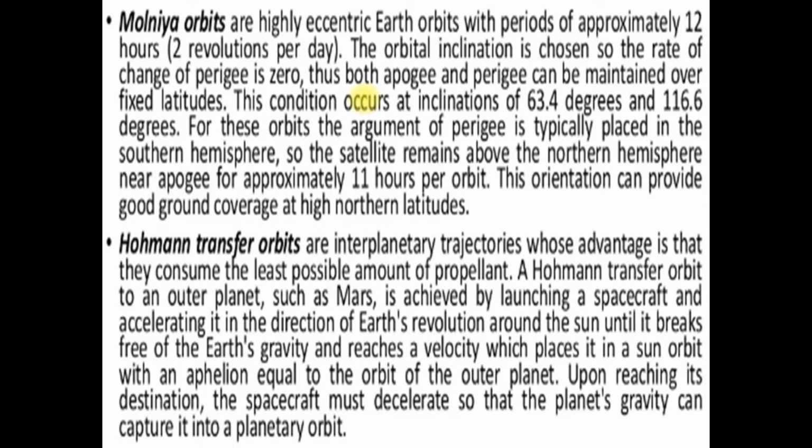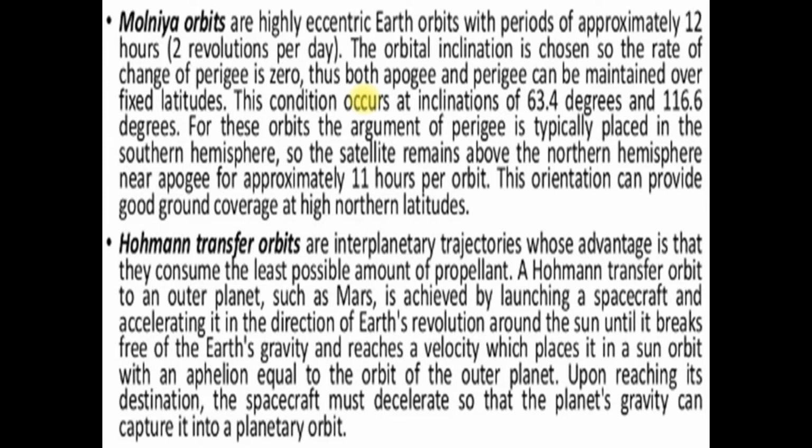Next, we'll be moving towards orbital transfers. Here we have a type of orbital transfer called Hohmann transfer orbits. These are interplanetary trajectories whose advantage is that they consume the least possible amount of propellant.